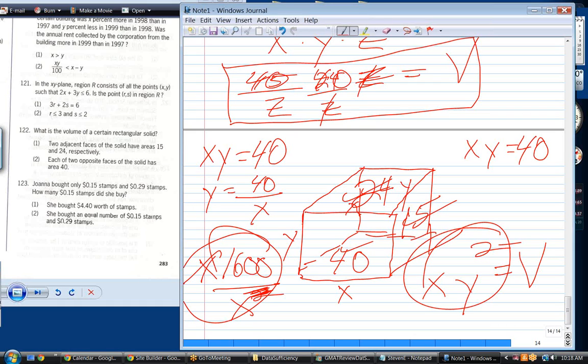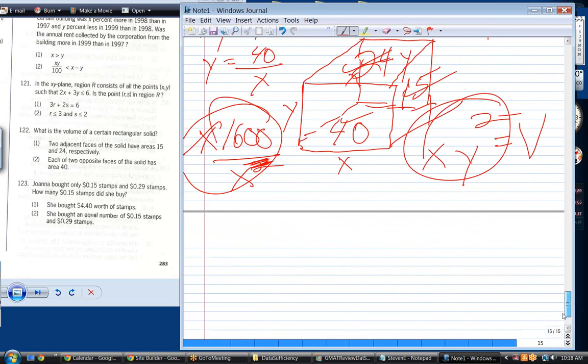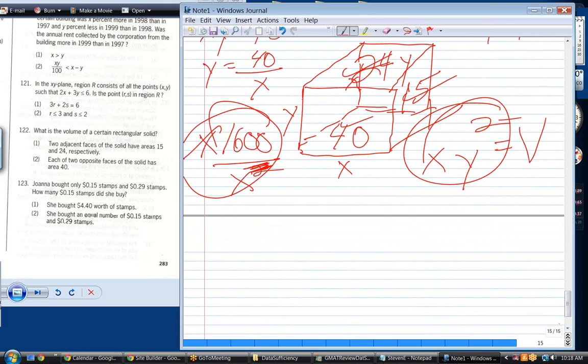Okay, and let's just add one thing there, just to make sure you see that. If I know the area of 3 of the faces, and I do, it's got to be 15, 24, and 40. That means that xy equals 15, xz equals 40, and yz equals 24.